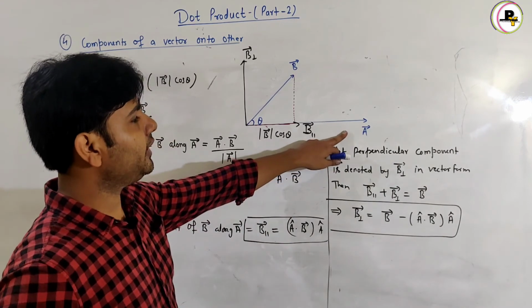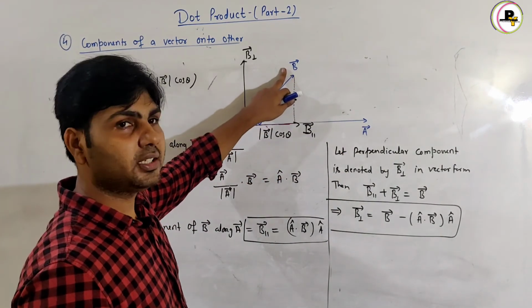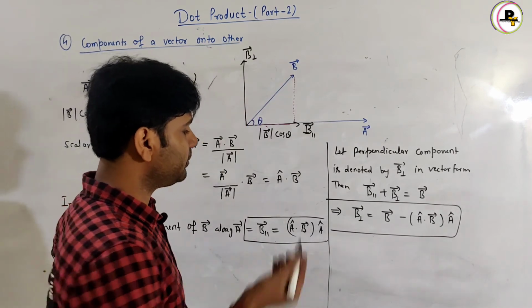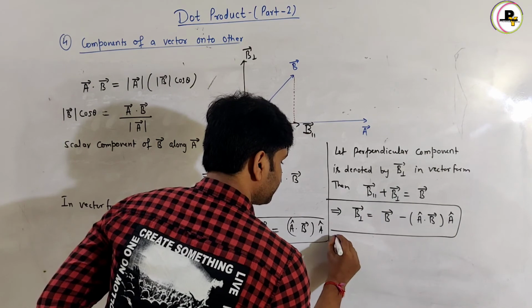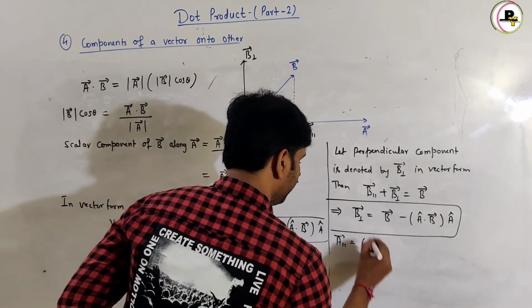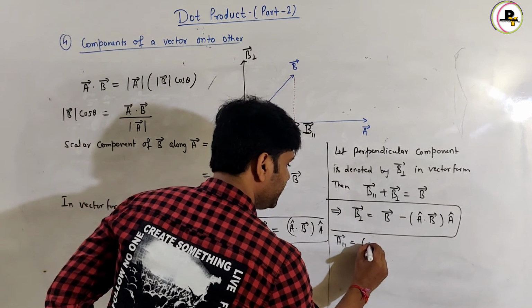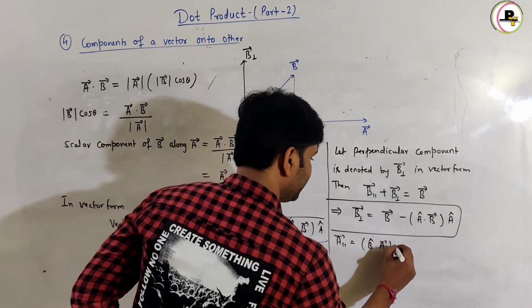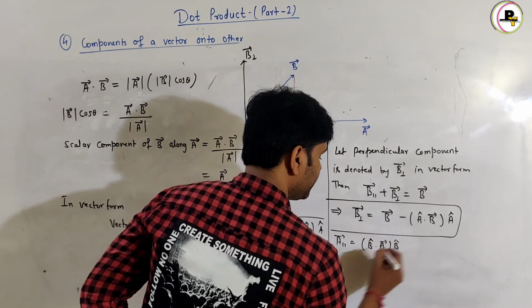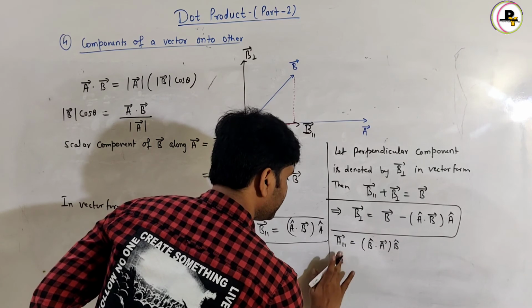Similarly, if I need to find the parallel component of vector A to the vector B as well as perpendicular to vector B, then I can use the formula A parallel equals, in bracket, B cap dot A vector, outside B cap. And A perpendicular vector is what?